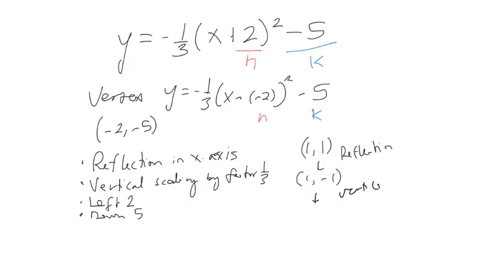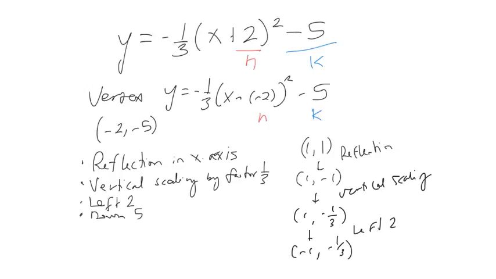In this case, the x stays the same, but the y value gets multiplied by a third, so I'm now at negative 1/3. Then I move it left 2. If I move this left 2, this goes to negative 1, and this stays at negative 1/3.